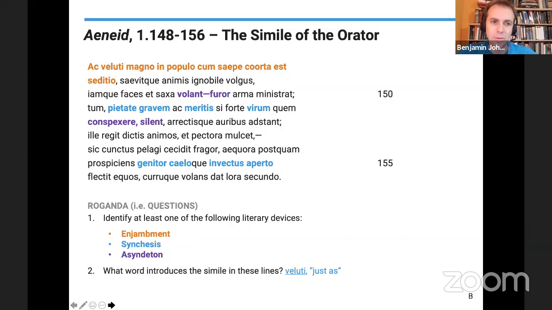We have this crowd raging, and torches and rocks fly, and then rage supplies the weapons. You would think there would be some sort of connection between torches and rocks fly, and then rage supplies the weapons, but there isn't. We are lacking a conjunction there, so that can be considered an asyndeton.